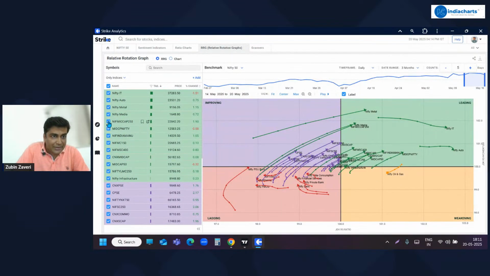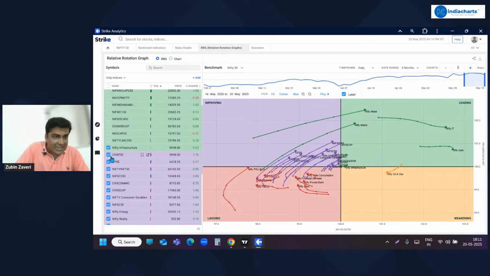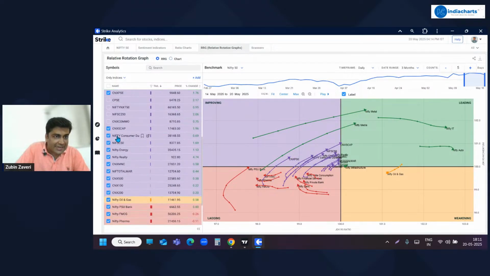I don't wish to see Mid Cap 50, I wish to see IT, Auto, Metal, Media. I don't wish to see these 150, 400, Mid Cap 50, so all these things I'm erasing. PSE, okay, I want PSE. I don't want CPSE, it's kind of one and the same. So like this, you can select which ones you would like to compare with one another.